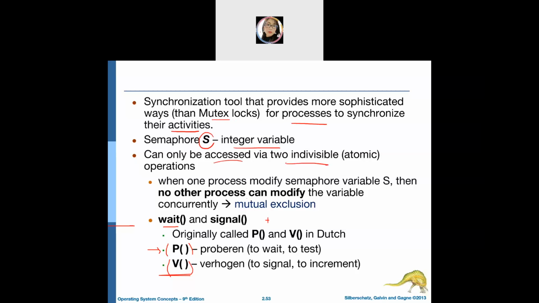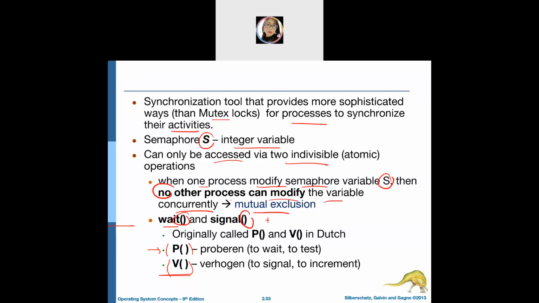This means that when one process modifies the semaphore variable S, no other process can modify the variable at the same time. That is mutual exclusion: wait and signal.